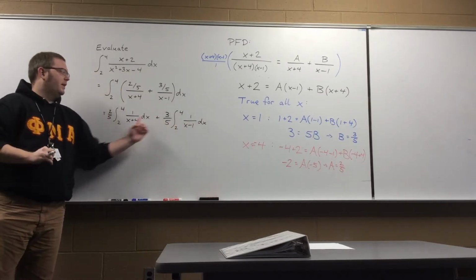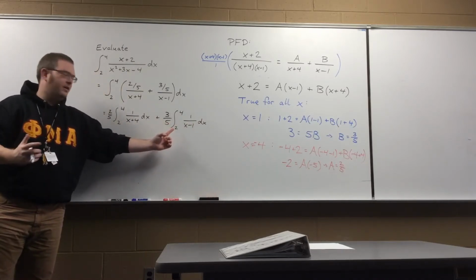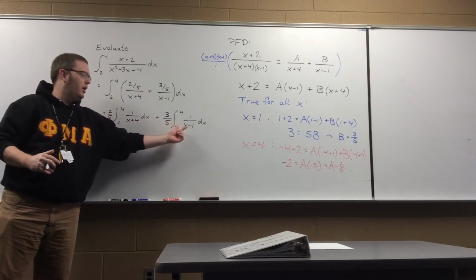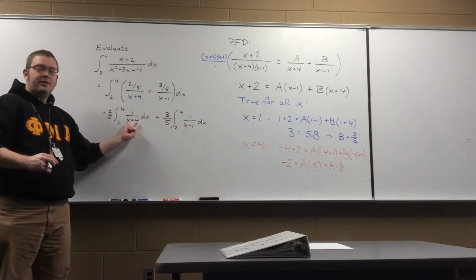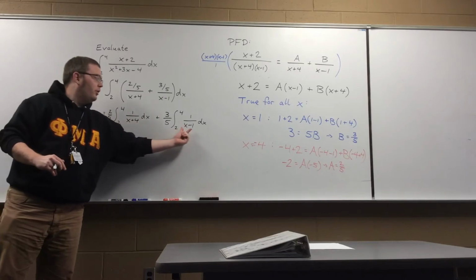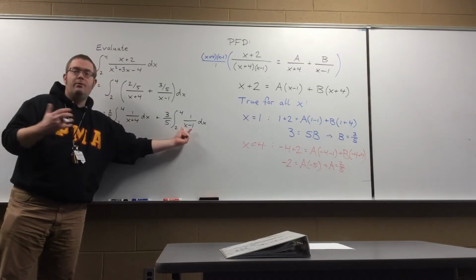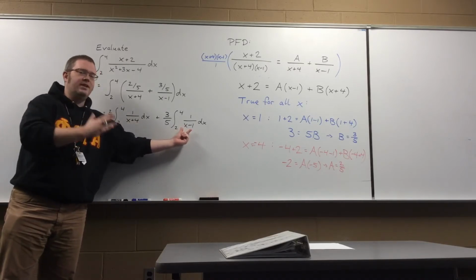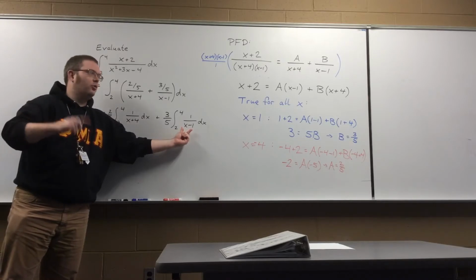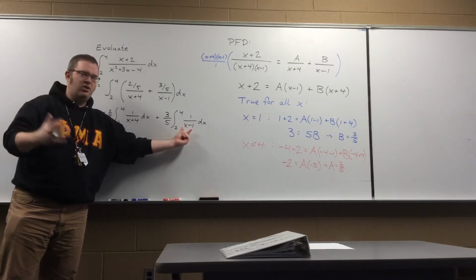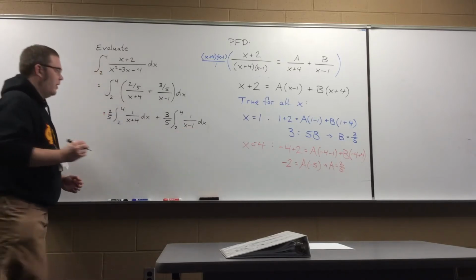Both of these are technically u substitutions, because with the u substitution of u equals x plus 4 over here, or u equals x minus 1 over here, in both cases du will be equal to dx.